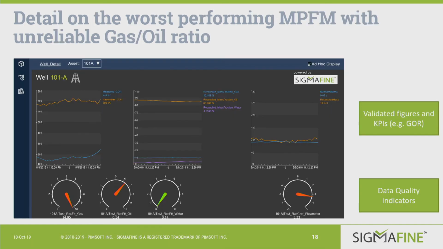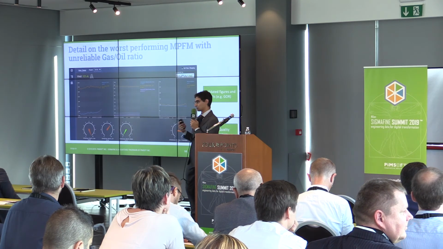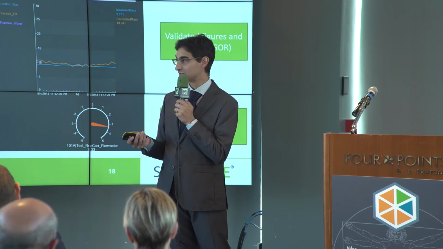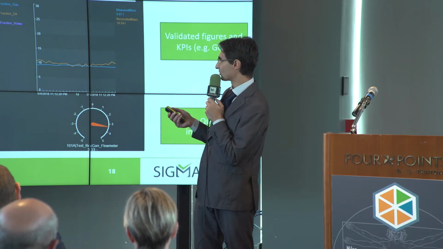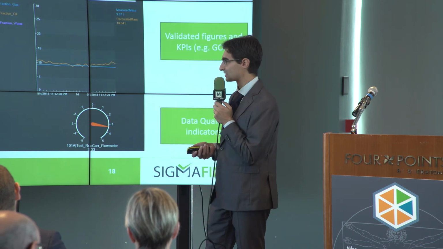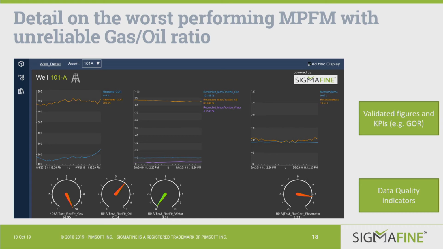If we go into the detail of well A, the one that was the least performing, what we did is also to do some PI analytics over the measured and the reconciled values and compare the gas-oil ratio, which is the main KPI to assess the performance of a well.